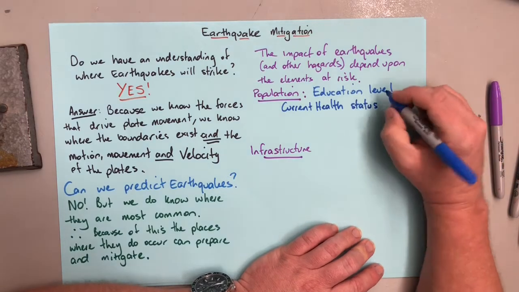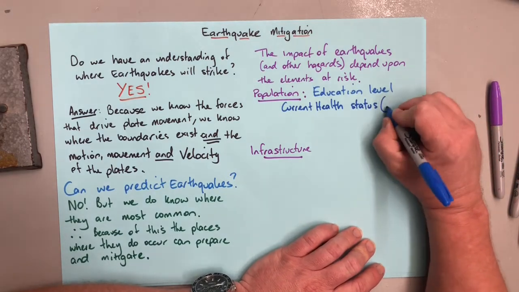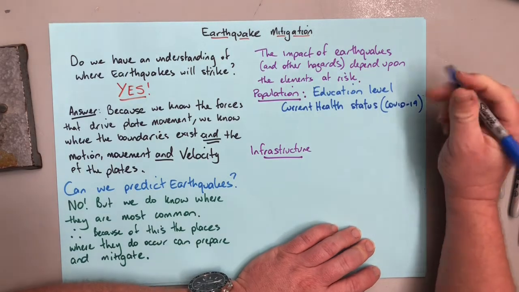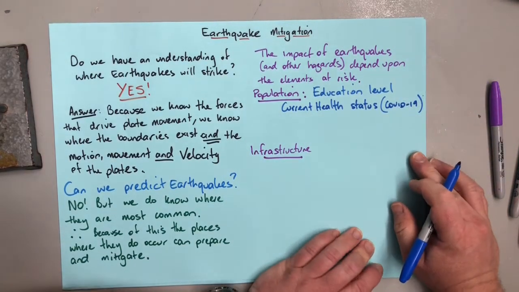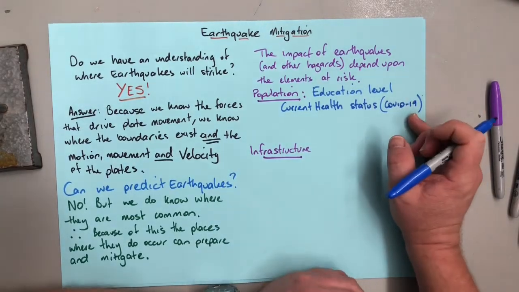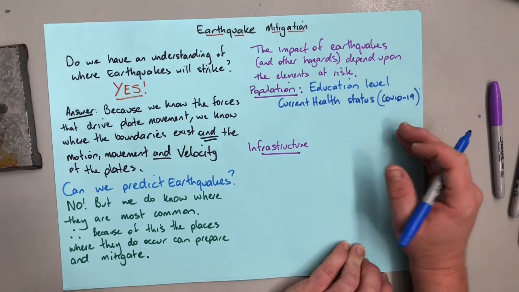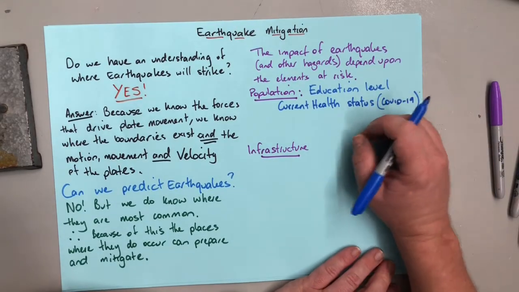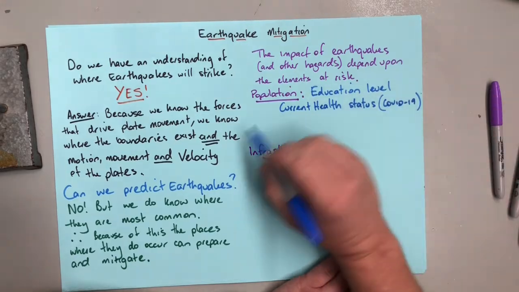And the good example you could even use today is COVID-19. Why? Because for a certain amount of people, this particular virus is very, very dangerous. But for others, it doesn't have a great impact at all.